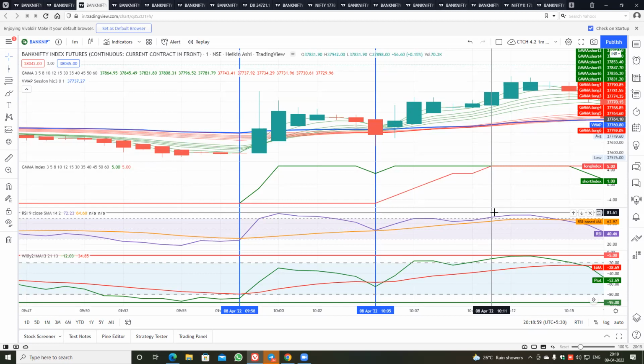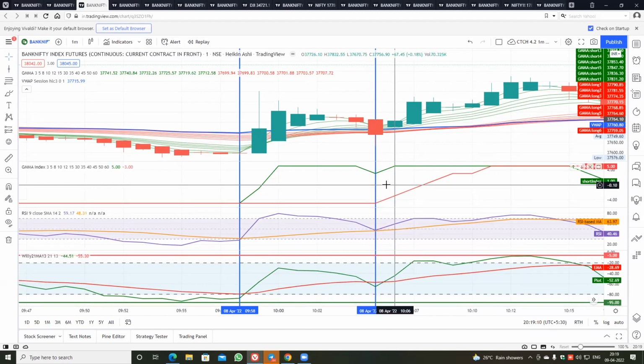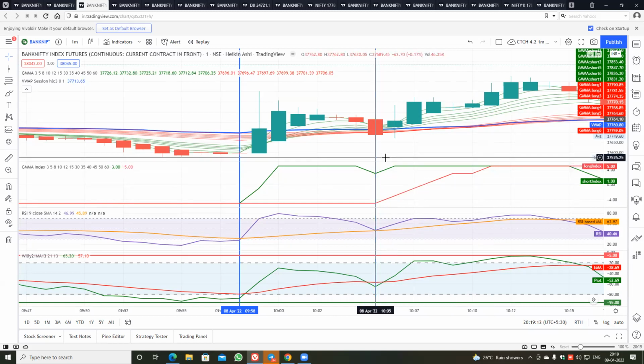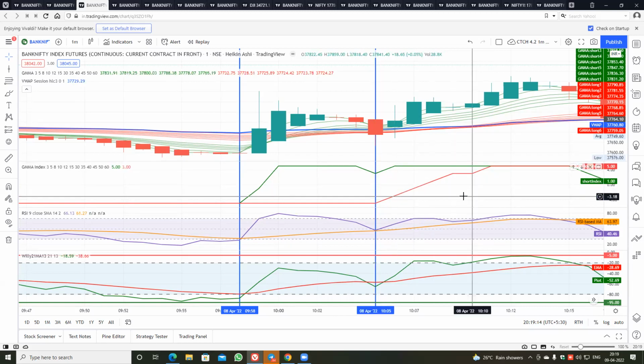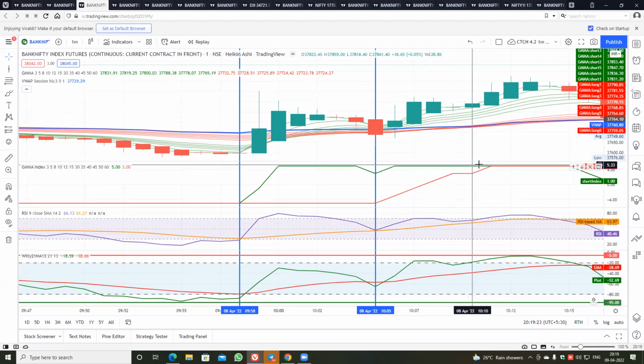Short trade. And here also you see, Willy is crossing over in the middle. So from our point of view, it is just a confirmation, not an entry point. But RSI is showing again the trend, that reversal. Again, the GI is picking up. Now the long-term average is also going up. So then it is joining. So there is a clear bullish trend.